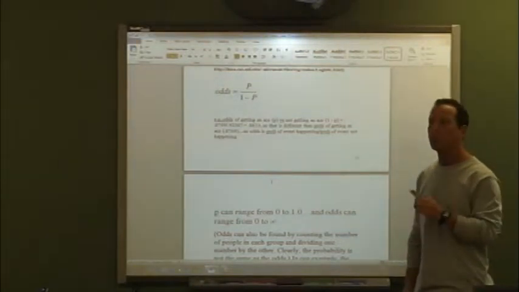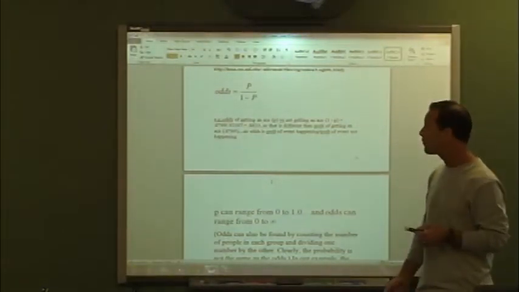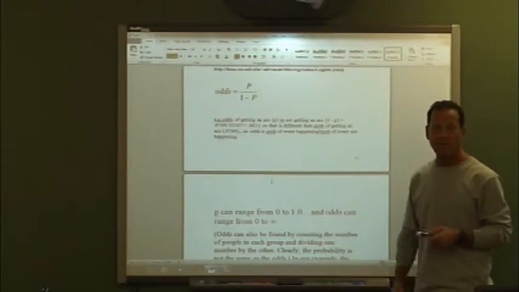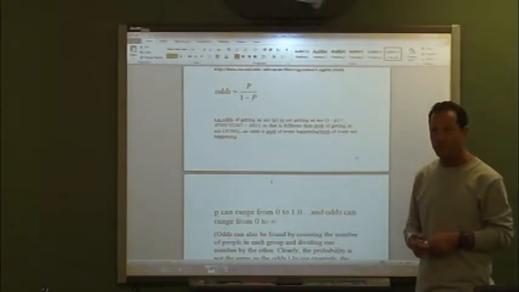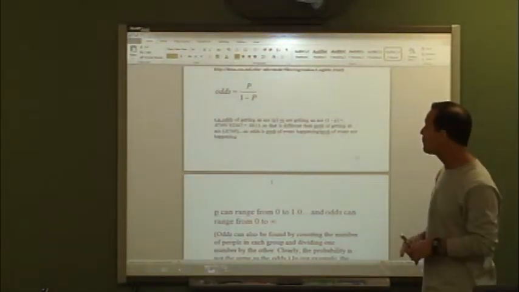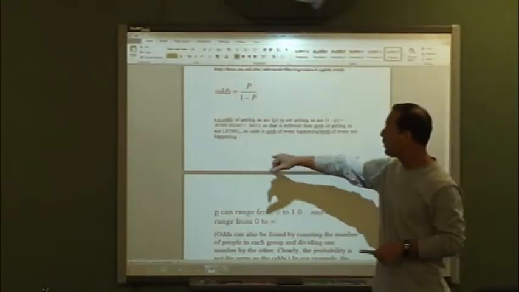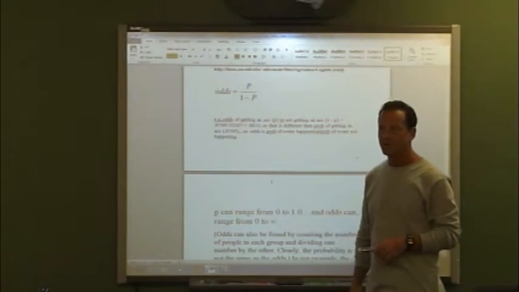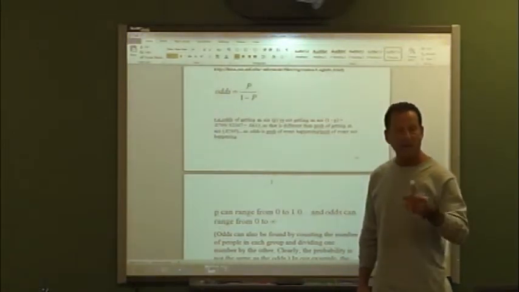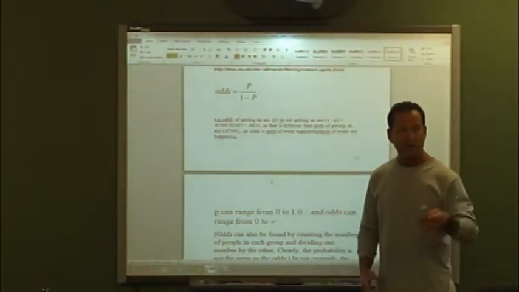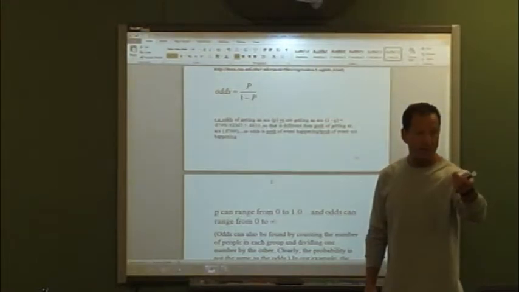An odds is a ratio of probabilities. So for instance, the odds of getting an ace. How many aces in a pack of 52 cards? 4. So 4 divided by 52, right? 4 divided by 52 is 0.0769. So then the denominator would be what? 0.923, which is the probability of not getting this.